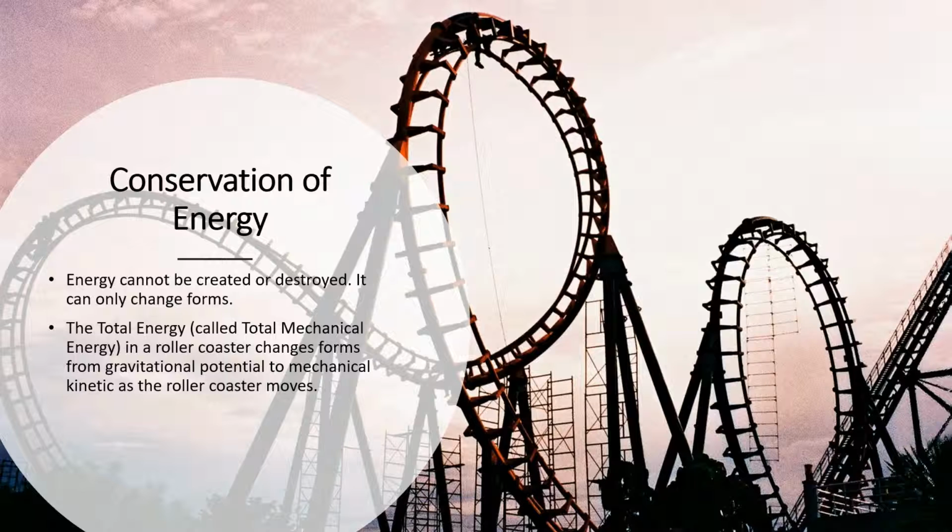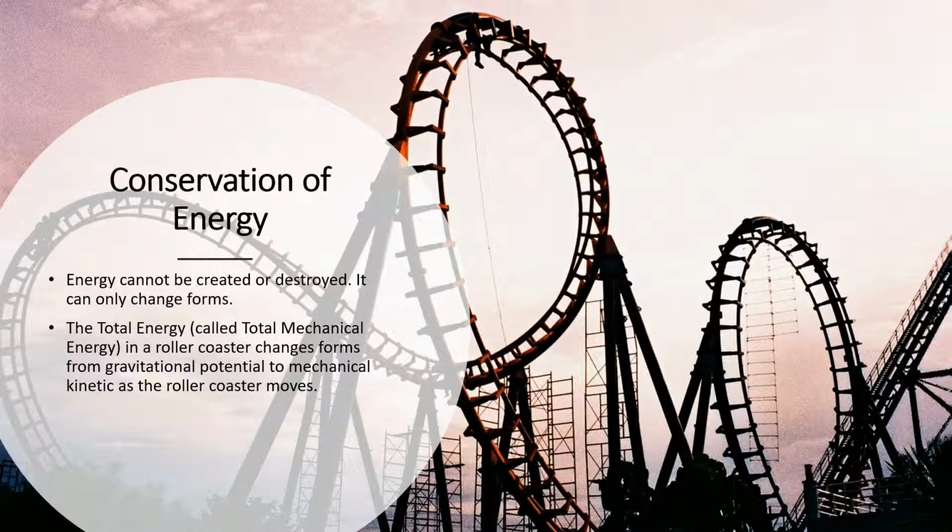That's where all the potential energy is max and there's no motion yet because you haven't fallen yet. So in that split second, at the very top of the roller coaster, you are zero kinetic and max potential, and the total mechanical energy is just potential.